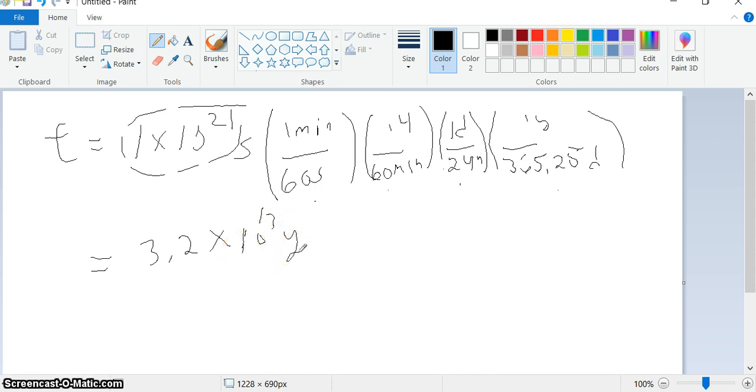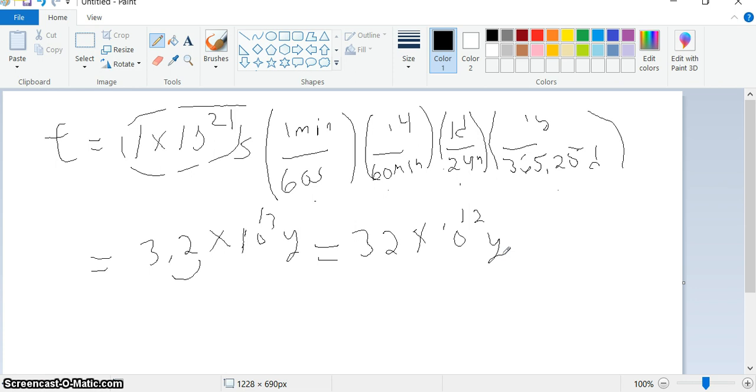Just to make a little more sense of this, I'm going to move the decimal place 1 place to the right. If I do that, I have to reduce the scientific notation by 1. So this becomes 32 times 10 to the 12th years. Another way of saying that would be 32 trillion years.